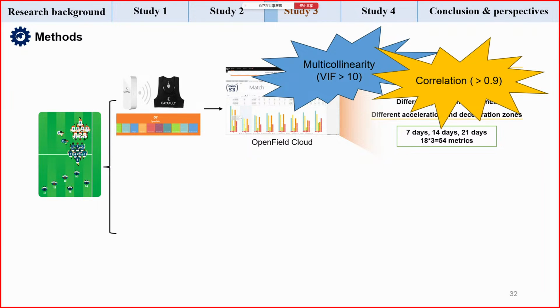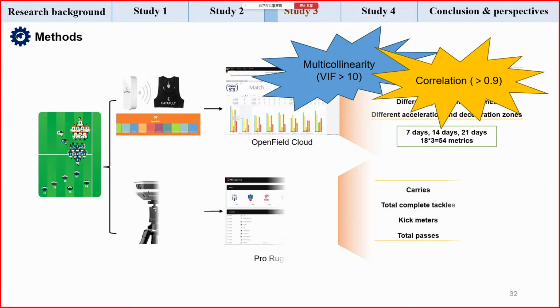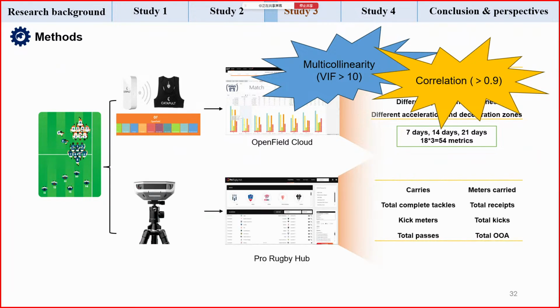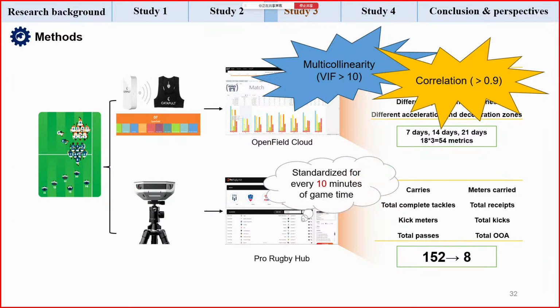Finally, we got 54 features. Due to insufficient data, we selected 8 out of 152 usable KPIs as labels. Since a few players were not able to complete a full 80-minute match, KPIs were standardized based on 10-minute intervals.